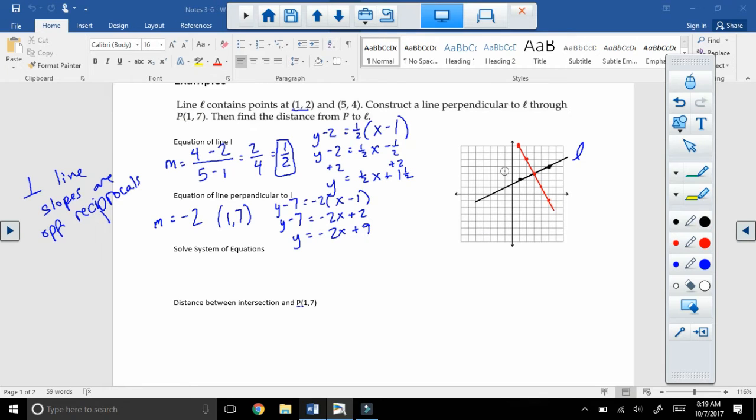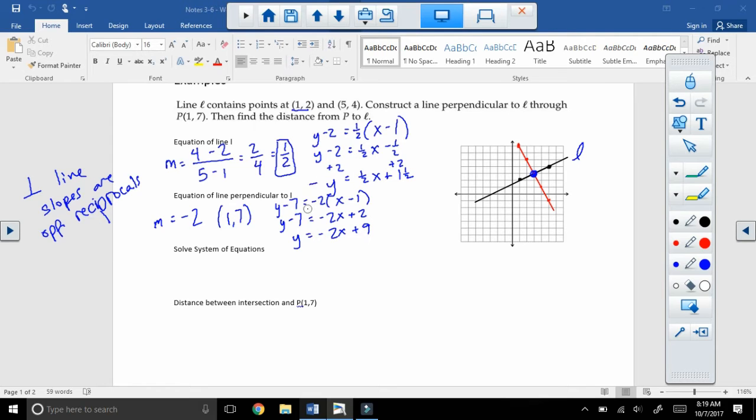So the next thing we need to do is figure out where this exact point is. I can tell this exact point is at (3, 3), again because it's right on one of those exact coordinates, but just to be sure, I'm going to set up a system of equations, and you will have some that look like they're part way, and there's no way to tell exactly without doing this.